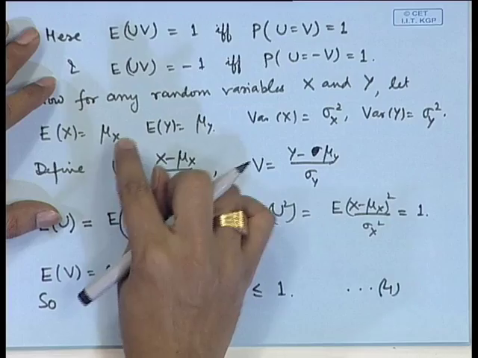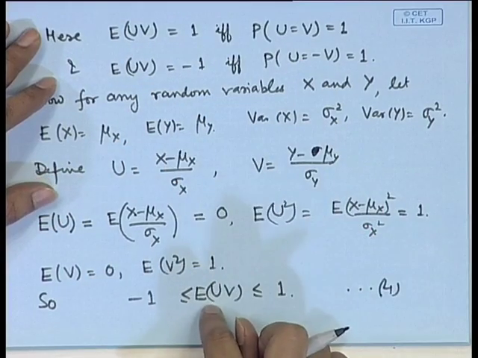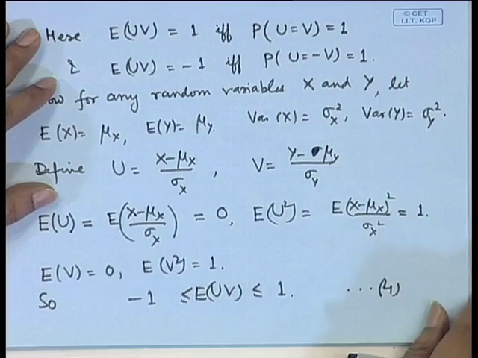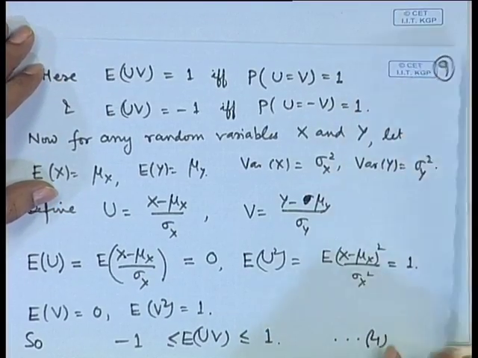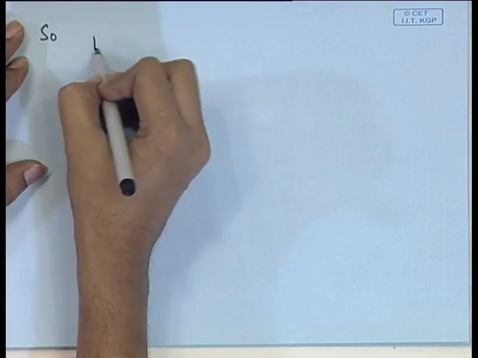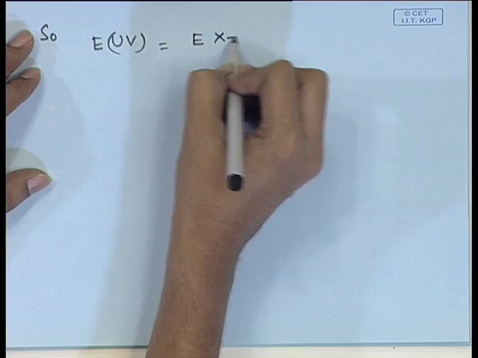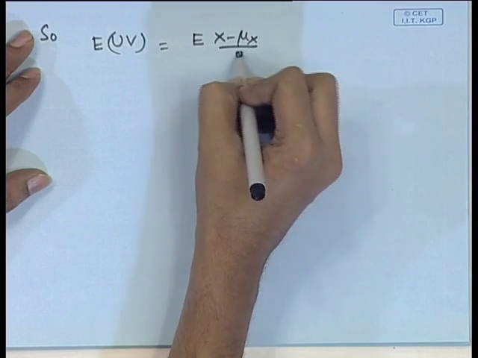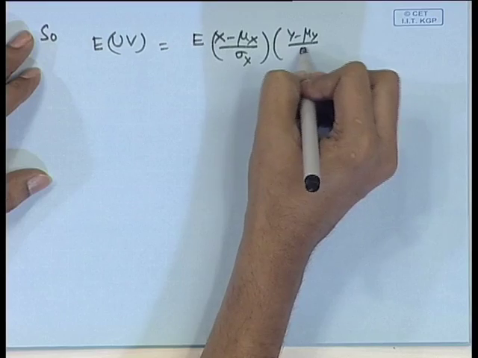Now, for any random variables x and y, when u and v are defined like this, what is the expectation of u v representing? So, expectation of u v is equal to expectation of (x minus mu x) by sigma x into (y minus mu y) by sigma y.